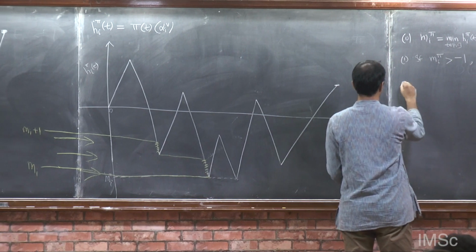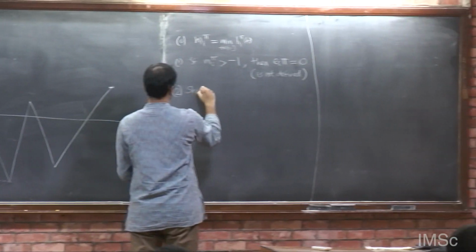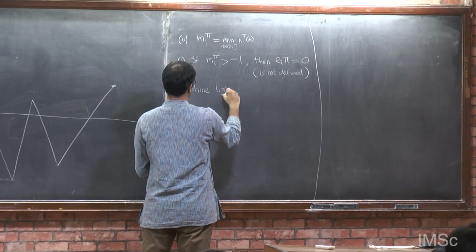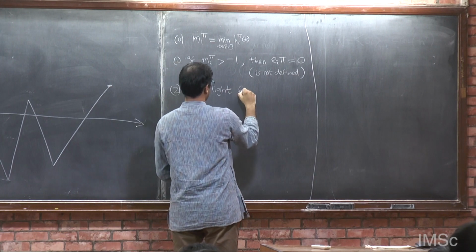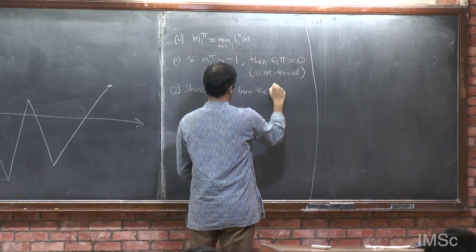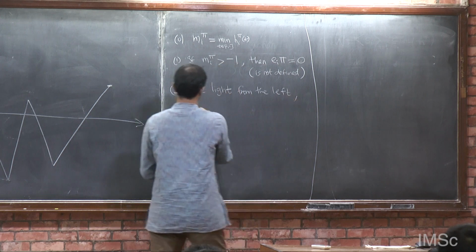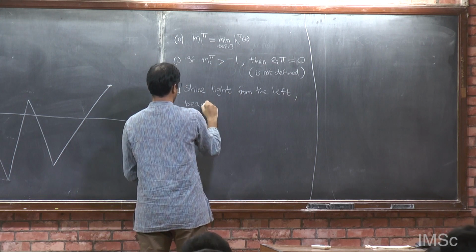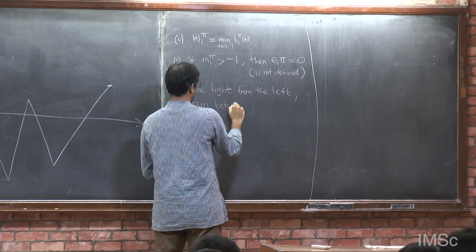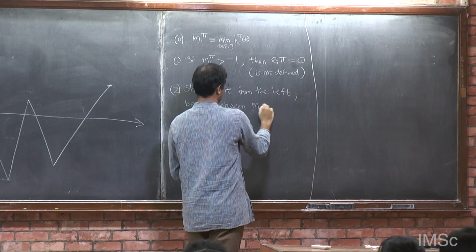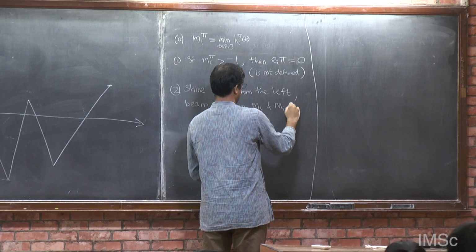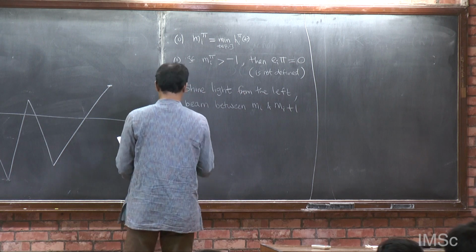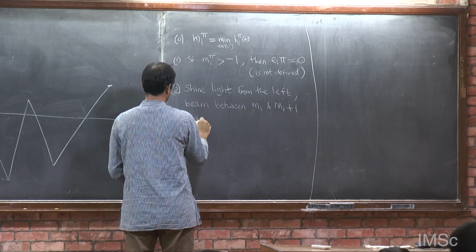So this is step 2: shine light from left, beam between mi and mi plus 1, and mark the illuminated portions.